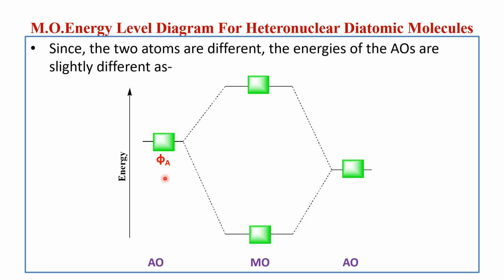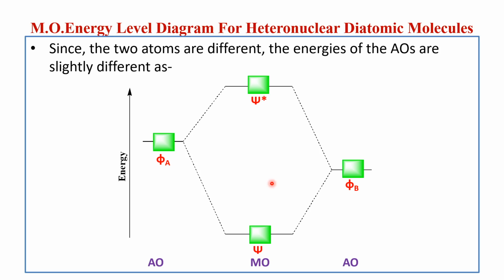The first atomic orbital has the symbol phi A, the second atomic orbital has the symbol phi B. Then we have the molecular orbital psi. Psi is the bonding molecular orbital, and psi asterisk is the anti-bonding molecular orbital.